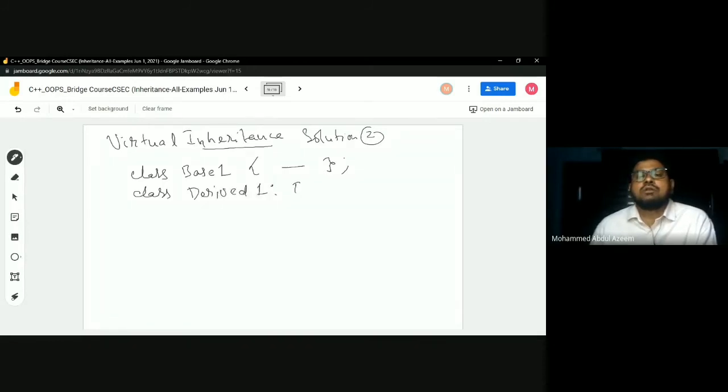Base one. And its code you will be writing here. Of course, there is a visibility mode. If you don't give the visibility mode, that is private. Otherwise, you have to mention whether it is protected or public. Then derived two is inheriting what? Base one, right?